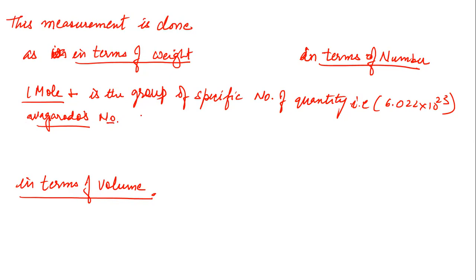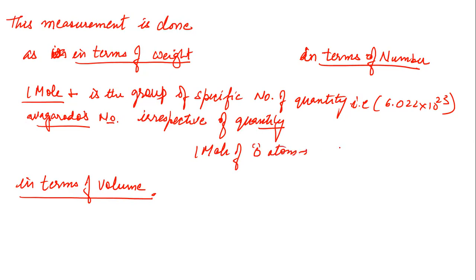Irrespective of quantity, if I say 1 mole of oxygen atoms, it means a group of Na number of atoms, where this Avogadro number is denoted by Na.